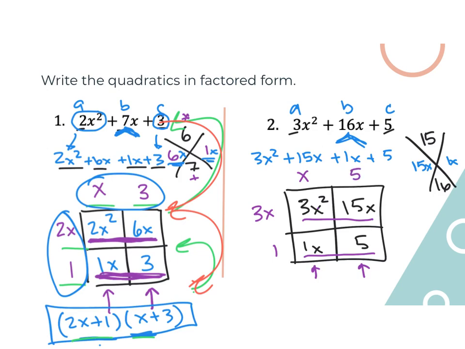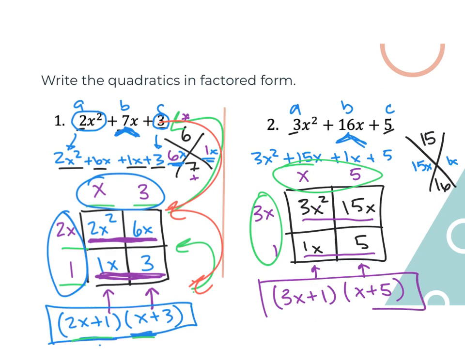So if I write these things out, here's my factors. If I write them out in factored form, they look like this. 3x plus 1 and x plus 5. That's my factored form. All right, so again, I started with this trinomial. This is a trinomial here. I started with this quadratic expression, and I ended in its factored form.